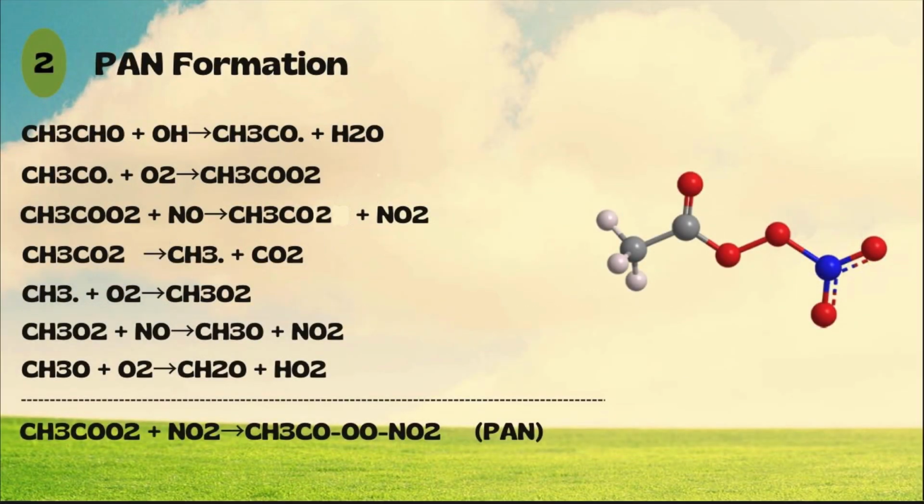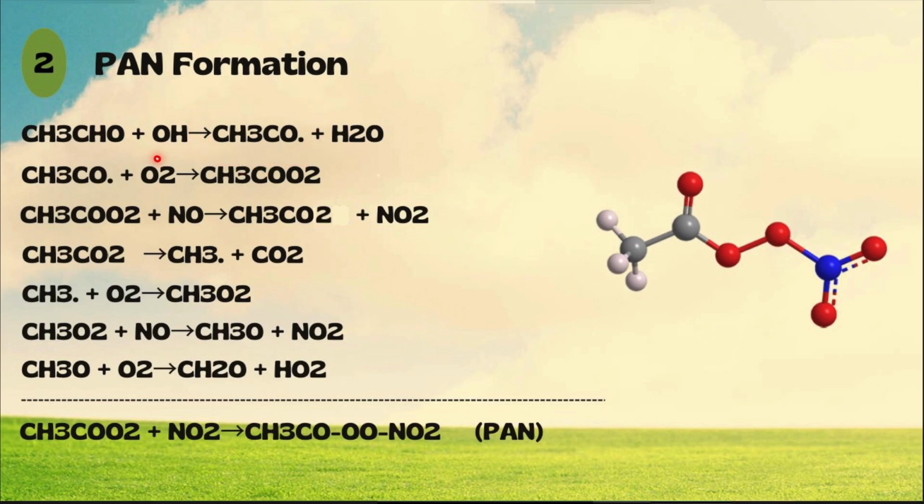So next we see how the secondary product PAN, or peroxyacetyl nitrate, is formed during the photochemical smoke. So here this is the acetaldehyde, and it is emitted directly from the automobile exhaust or from secondary reactions. This acetaldehyde can react with hydroxide, and the abstraction of the acetaldehydic hydrogen leads to the formation of the acetyl radical.